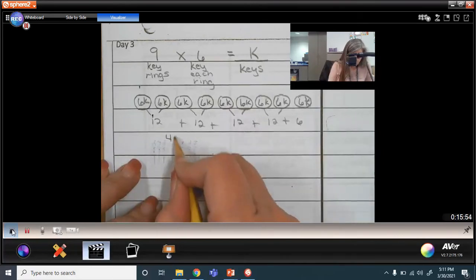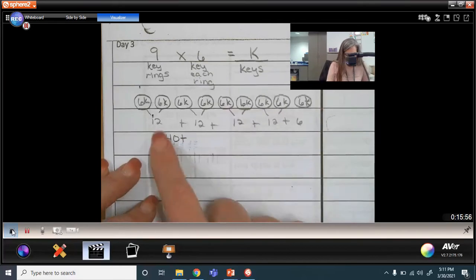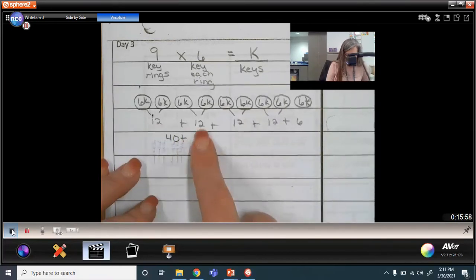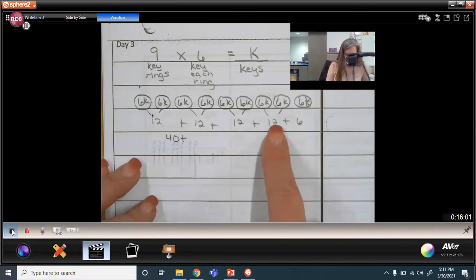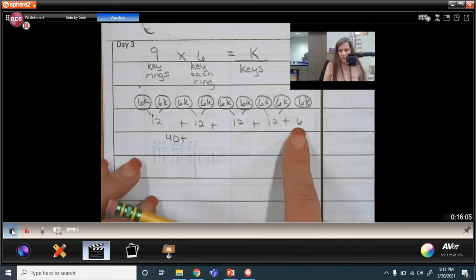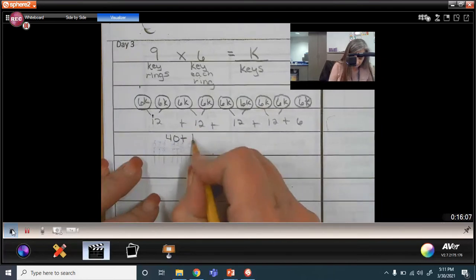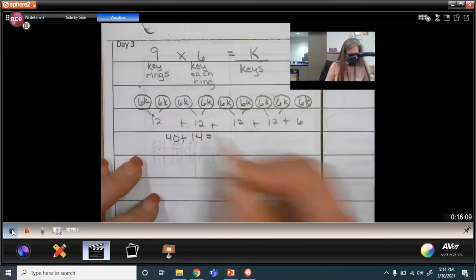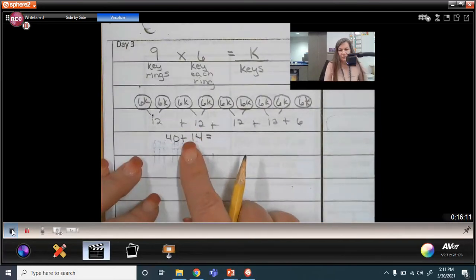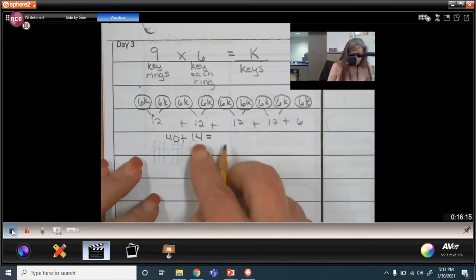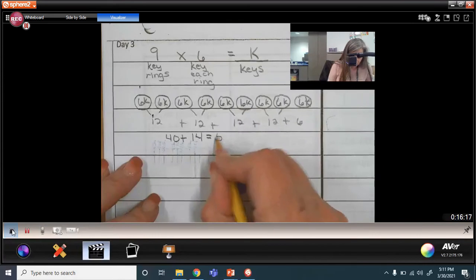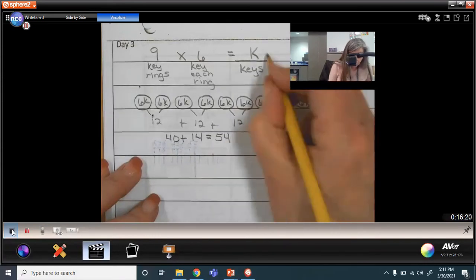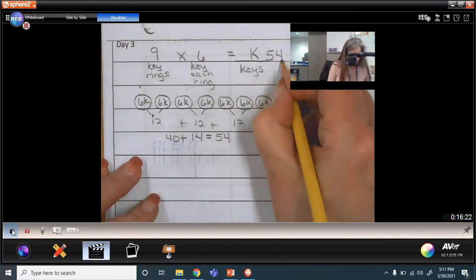So I have 4 10s, which is 40. Now I can count by 2s. 2, 4, 6, 8. Now I need to add 8, and 6 more is going to be 14. So 40 and 14. Well, 40 and 10 makes 50. And 50 plus 4 makes 54. So there are 54 keys total.